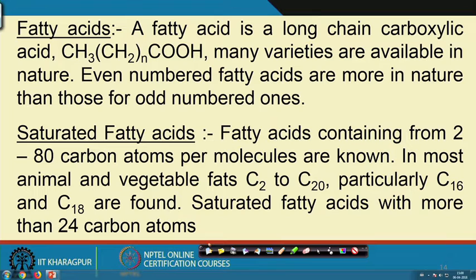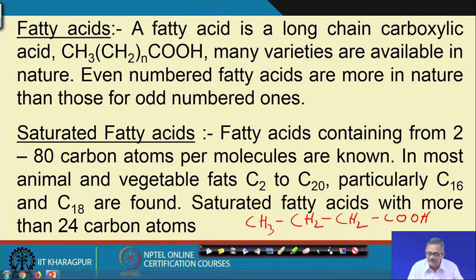Let me clear it up. C4 means here CH3, CH2, CH2, COOH. This goes off, it is CH3, CH2 like that. So, in that case, this is butyric acid, right.